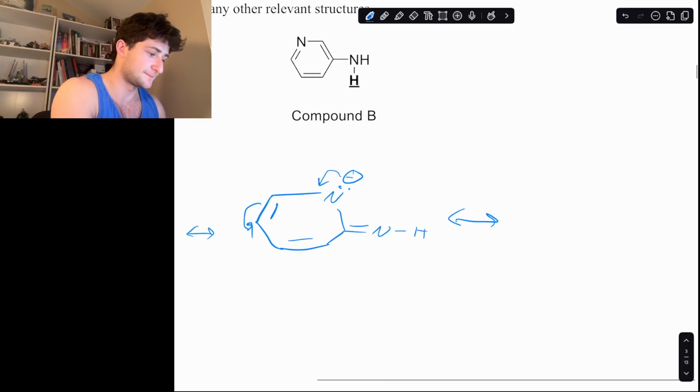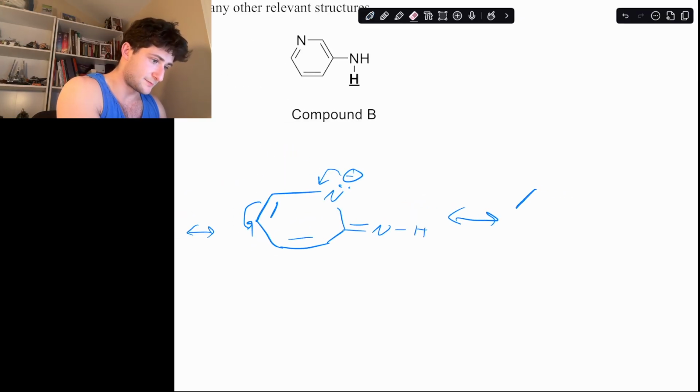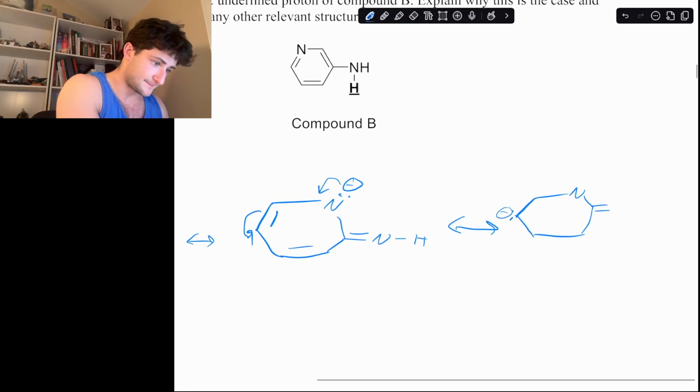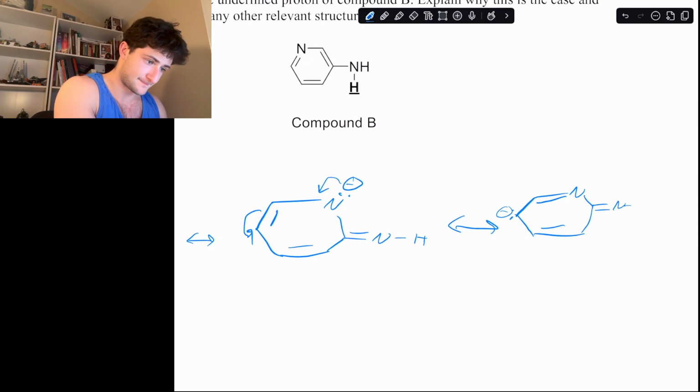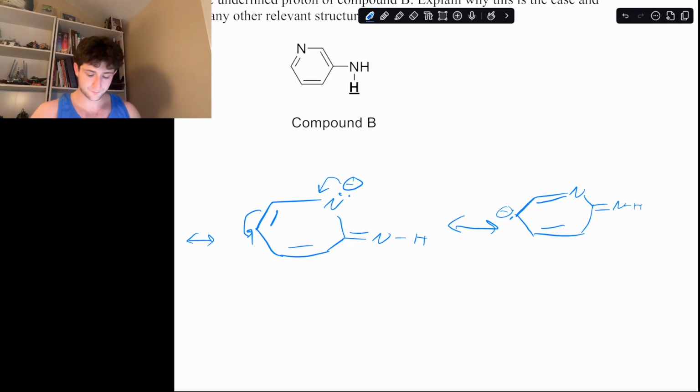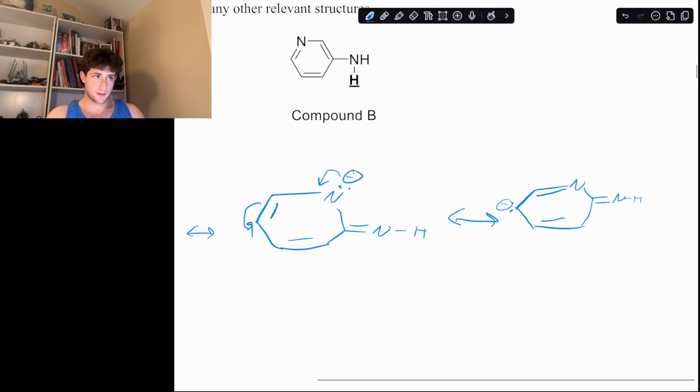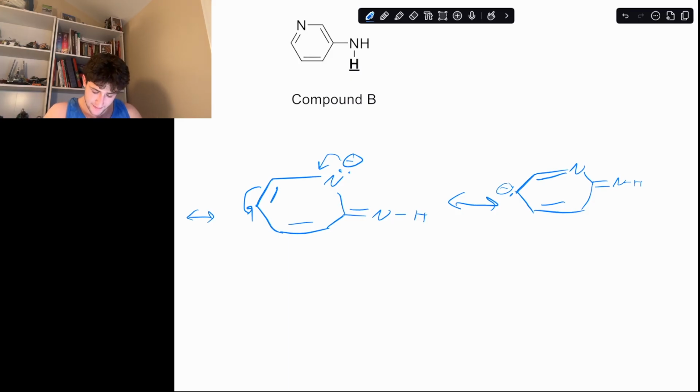Double arrows. Okay. Again, same thing. Pi bond, lone pair.